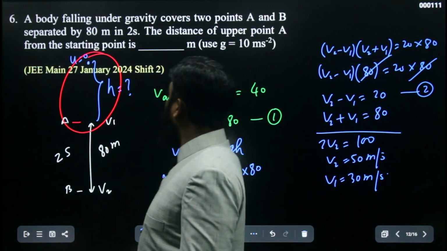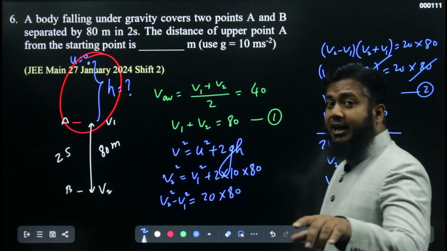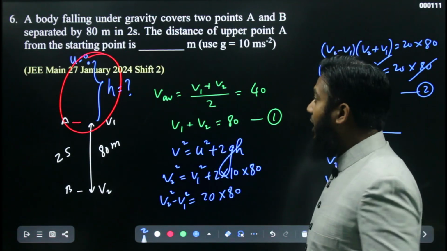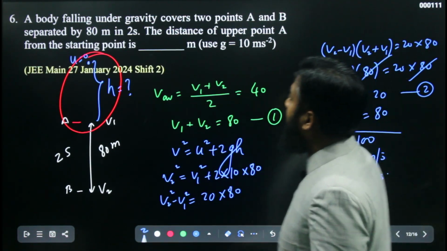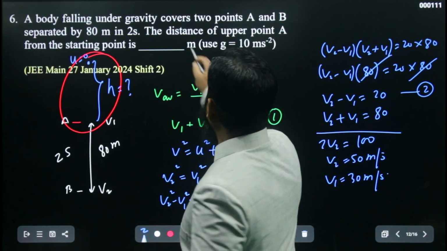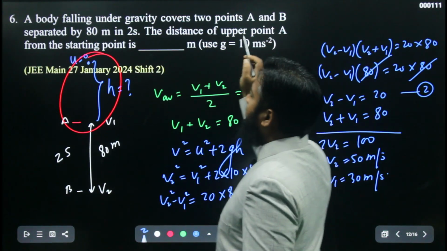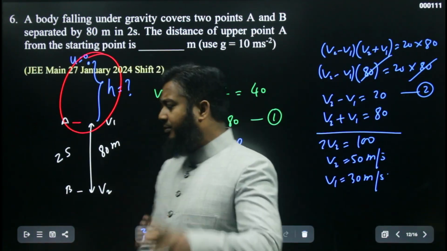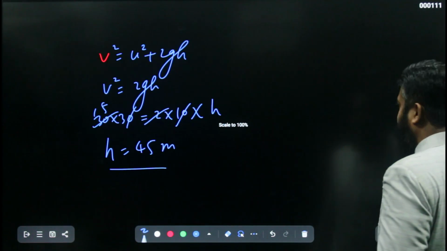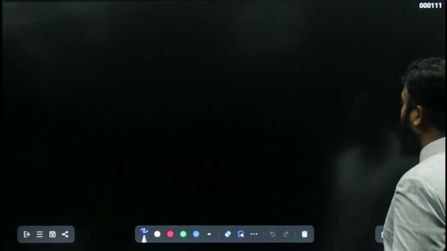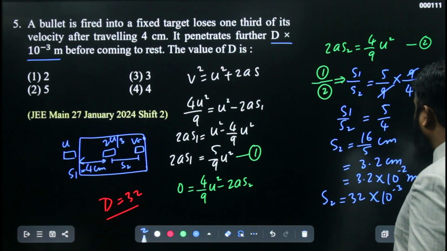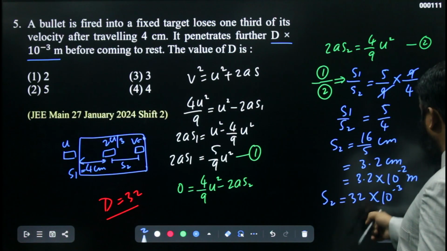Okay, so this was the numerical type question. But in numerical type question, we have to be very careful how they are asking the numerical value. So it is simple, the distance of upper point A from the starting point. So simply this value is also the answer. But in the previous question, what we calculated was S2.